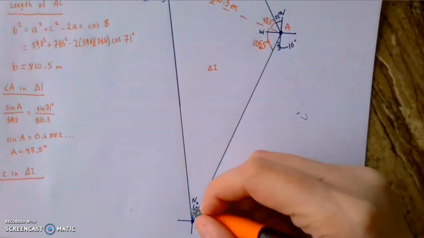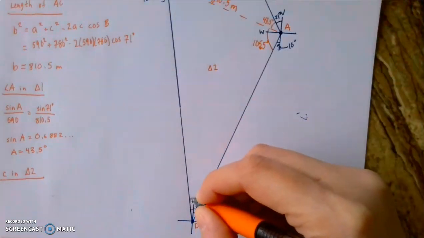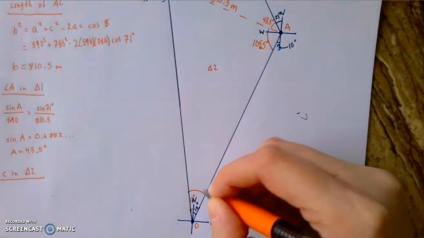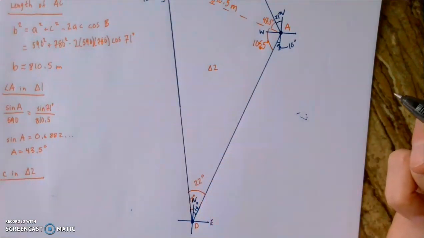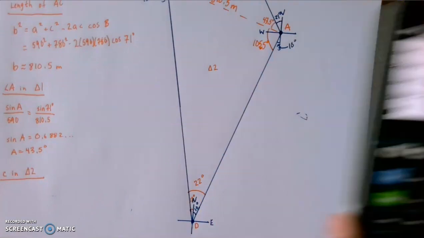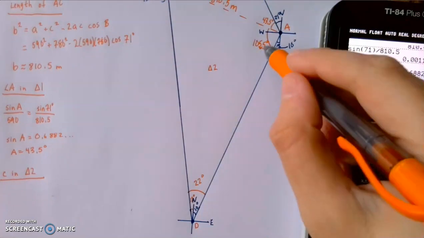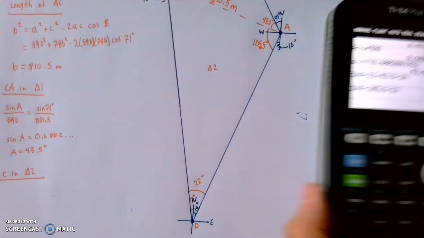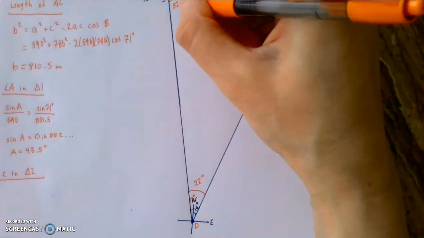I know this angle right here. This is 12 degrees, so this has to be 12 degrees as well. So this whole angle is 22 degrees. That means I can figure out what this angle is. In a triangle there's 180 degrees, so I'm going to subtract 105.5 and subtract 22, and I get 52.5 here.